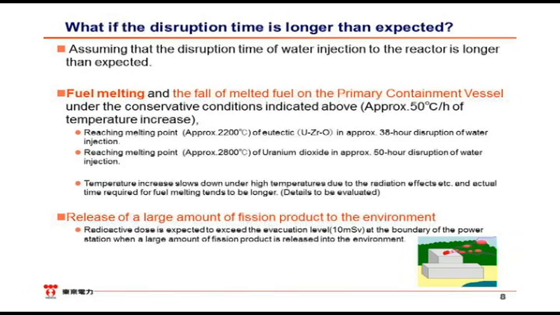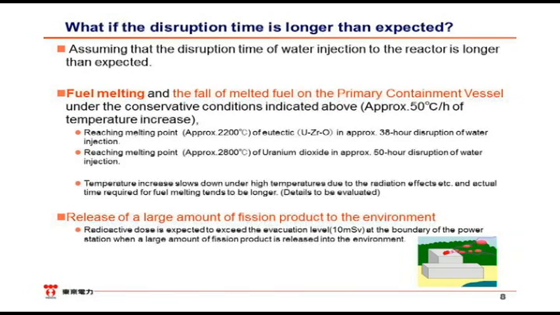However, if the temperature becomes high, given the strong effects due to radiation, it is not definite that the temperature rise rate will be lower than 50 degrees Celsius per hour. In other words, since the rise rate will slow down slightly, it will take some time for a fuel meltdown to occur.